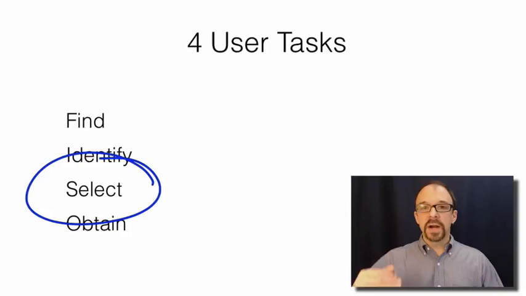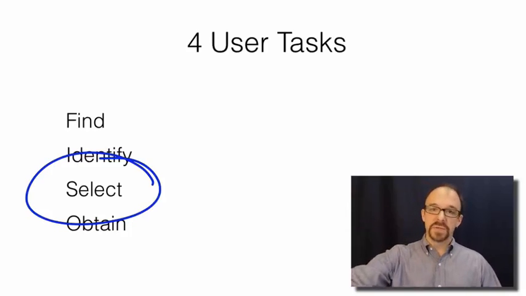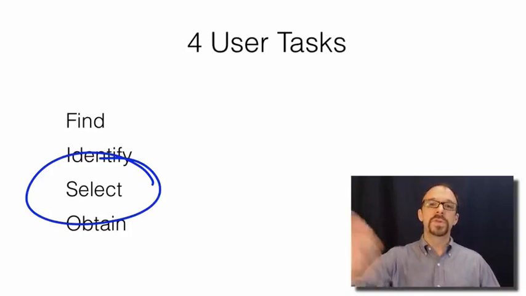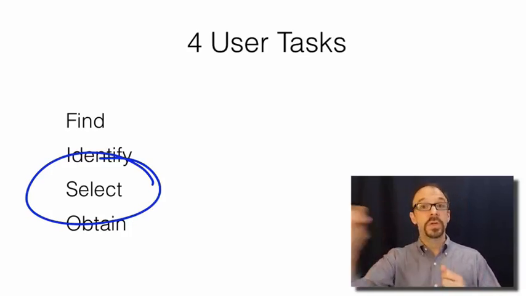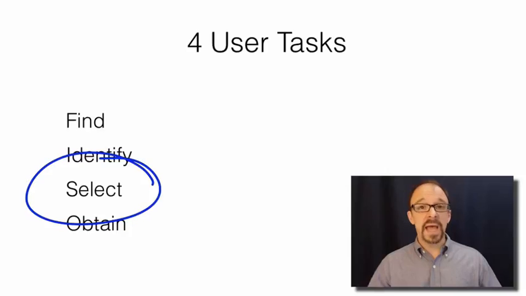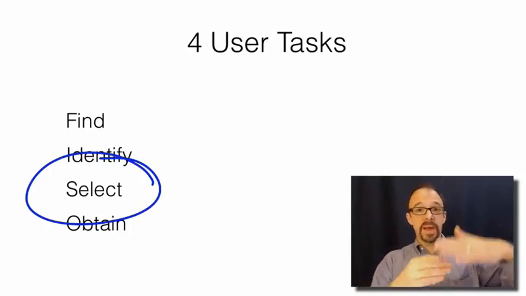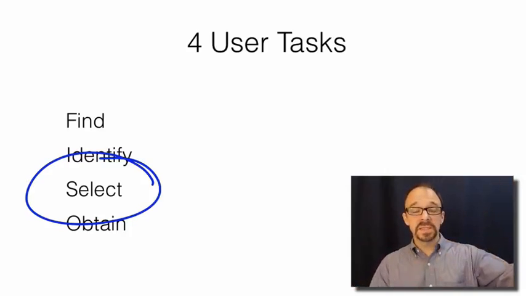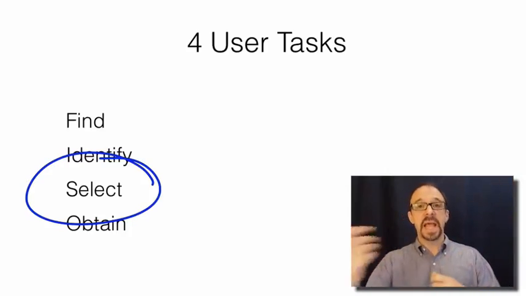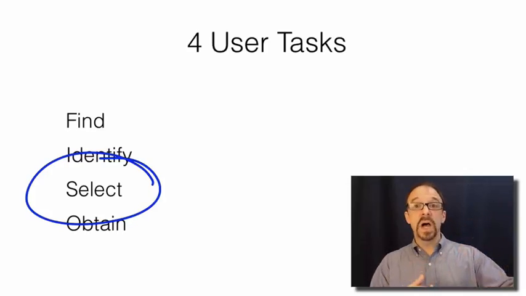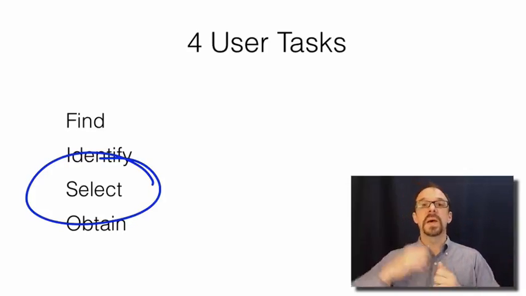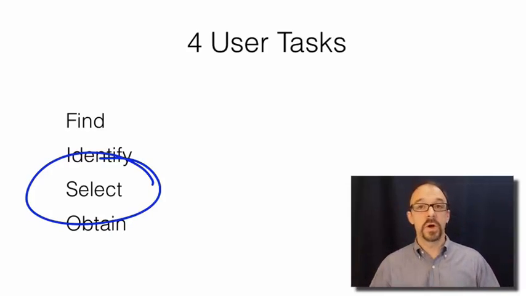And the metadata records for that set of resources should help you to select the ones that are going to be relevant to you or useful to you. Again, think of search engines. When you do a search, you're likely to get back thousands, if not millions, of links to resources, and you should get back some metadata, some information about those resources that will help you select the ones that are going to be most useful to you.